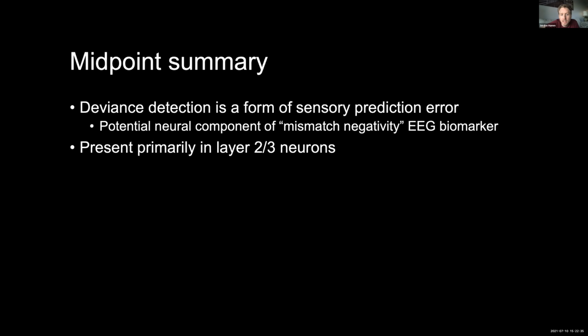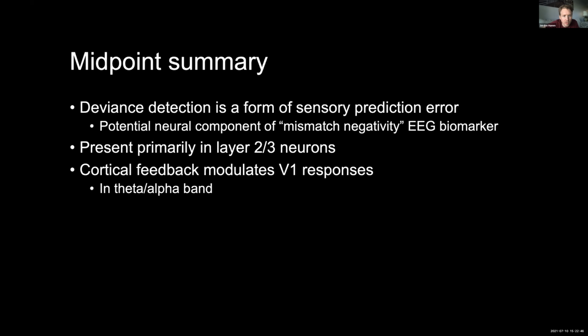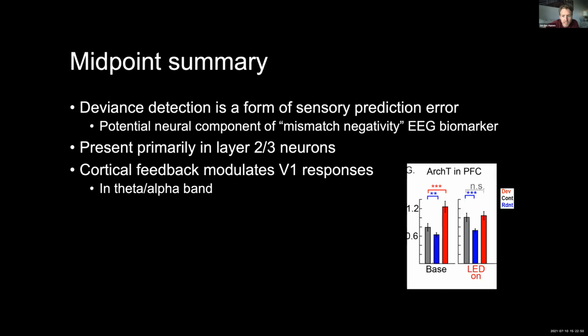It's primarily present in layer 2-3 neurons, and even subsets of them. Cortical feedback from higher prefrontal areas modulates V1 responses, and this is particularly strong in the theta alpha band. And it appears this top-down input is necessary for visual deviance detection in V1.